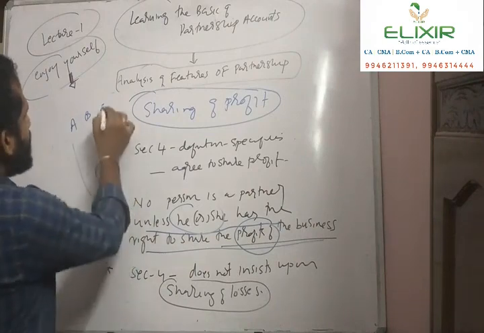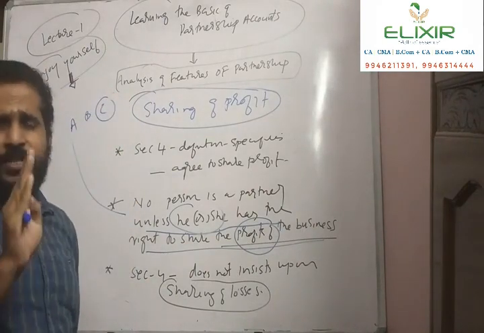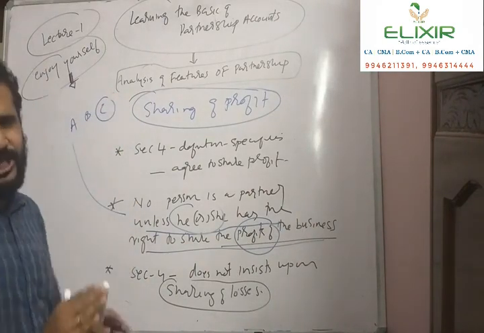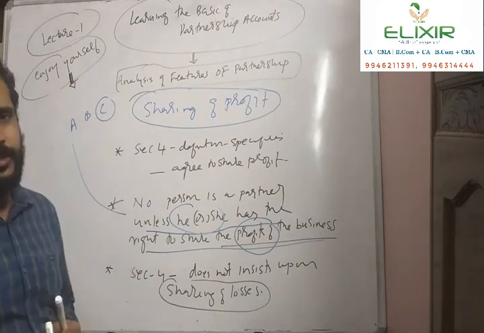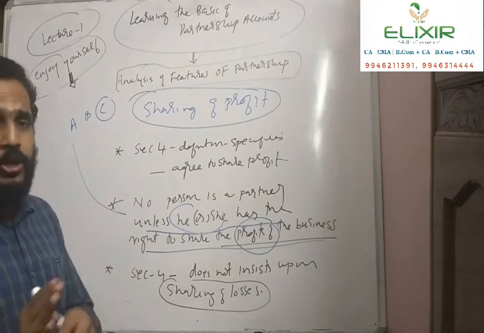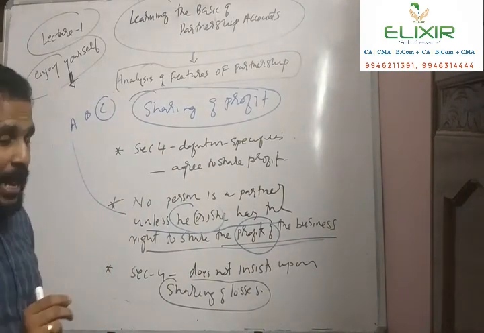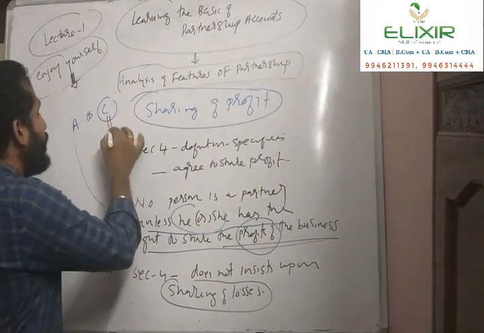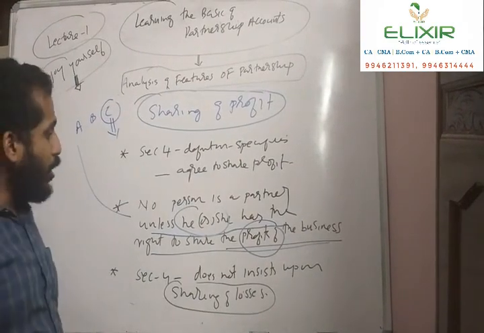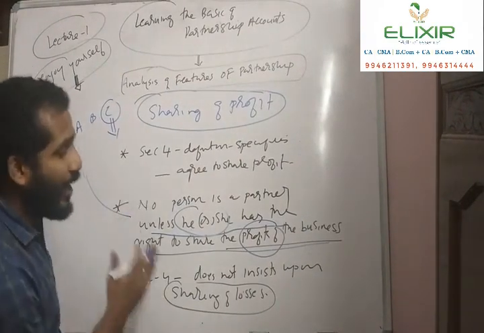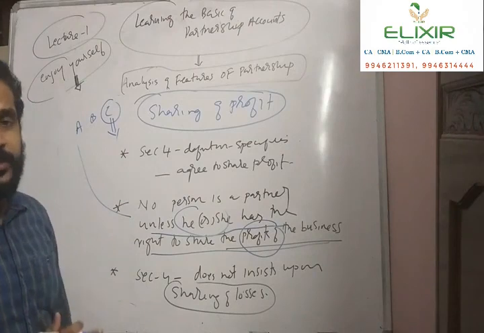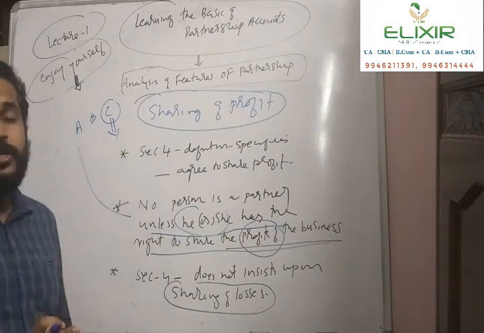Then C says, I will invest in the business as capital, but sharing of profit is not required. In such cases, as per the Partnership Act, C cannot be treated as partner because he does not have the right to share the profit of the business. So C is a person but not a partner.